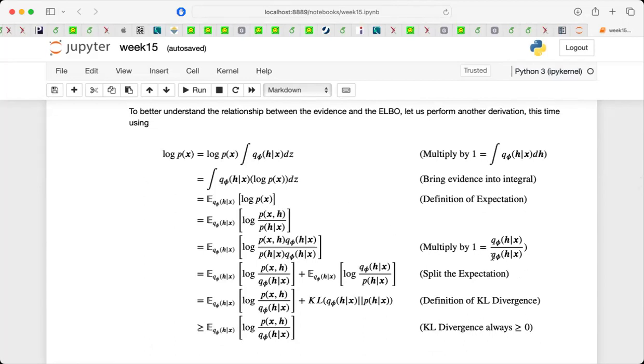And then we simply multiply by 1 again, and then we can rewrite this equation in terms of two expectation values, all defined in terms of this function q here. So we split the expectation value, and the interesting thing now is that this quantity which you see here is nothing but the quantity which we defined last week as a Kullback-Leibler divergence.